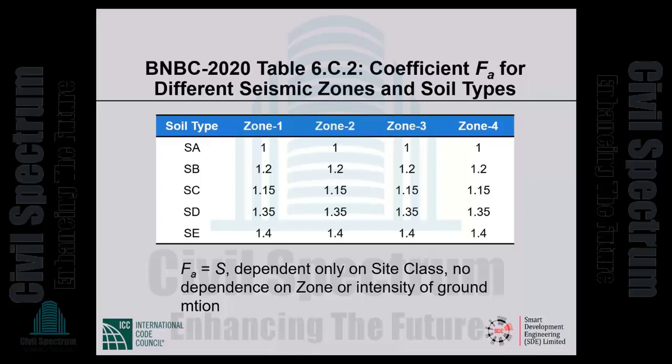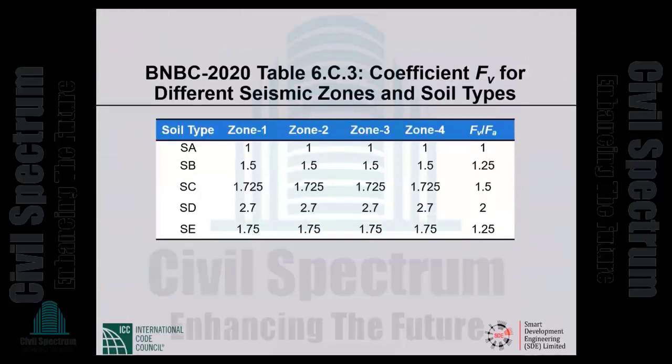They are identically the same. They are dependent only on the site class. There is no dependence on zone or intensity of ground motion. The things I have written underneath are very, very important. Okay, so F sub A of Appendix C is the same as S in the main body, and F sub A and S both are dependent on the site class, not on the zone or the ground motion.